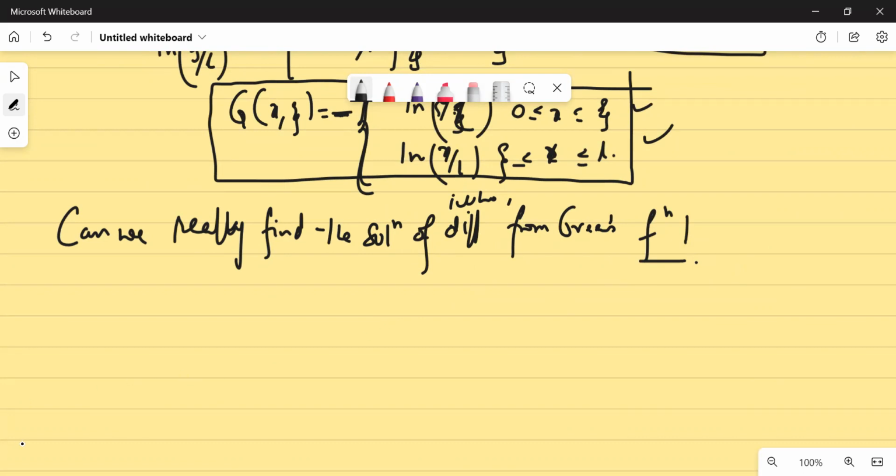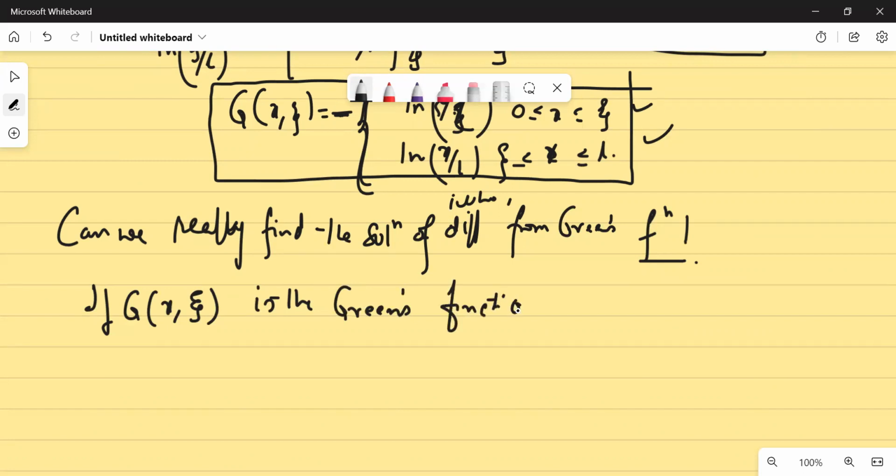So here's a theorem that I'm going to write. Then I'm going to continue with a little bit of a lecture. I think hardly 15 minutes it would take, and there is another lecture for you. If G(x, zeta) is the Green's function of the homogeneous case, homogeneous case means in the inhomogeneous equation you just take f(x) equal to 0.